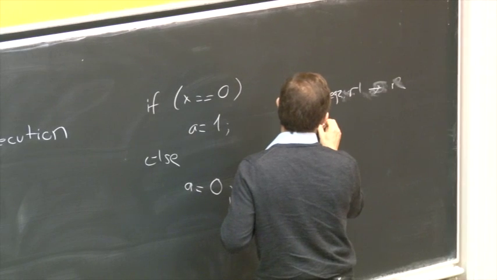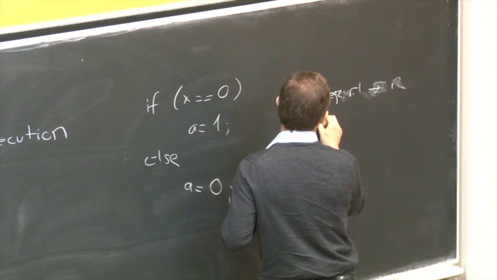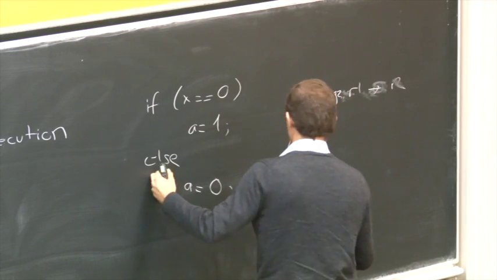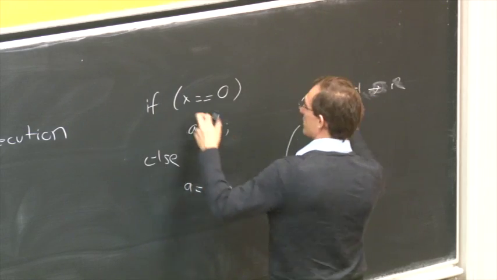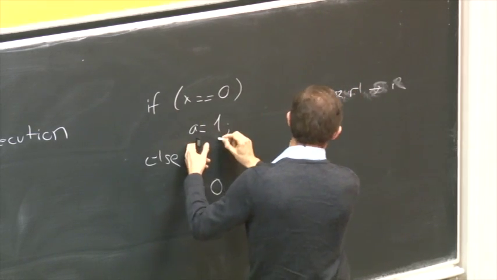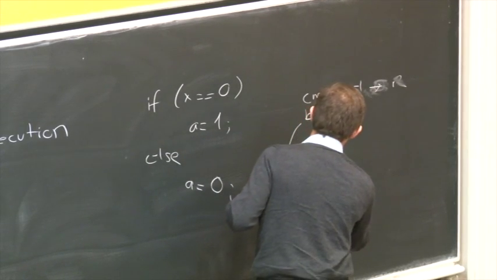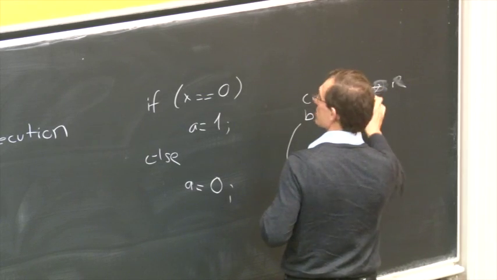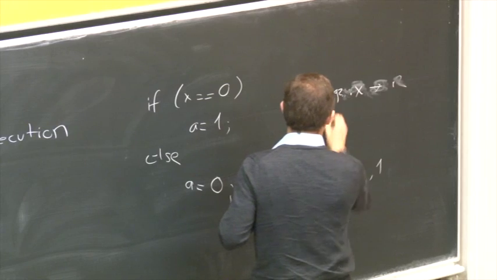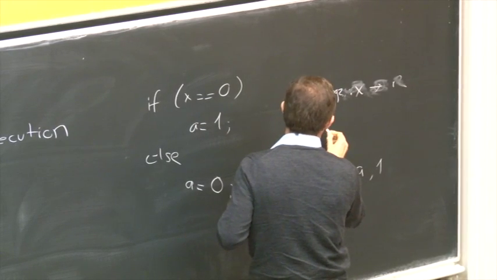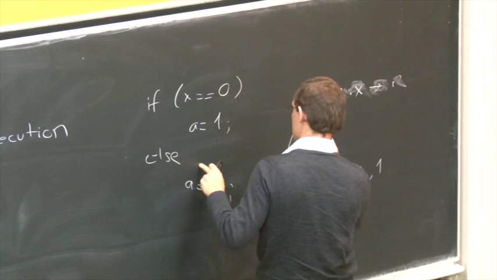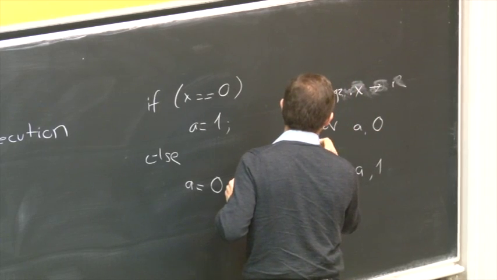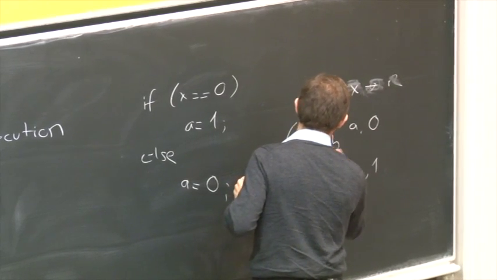And then you can say branch if 0 to the else case. If it's equal to 0, then you would like to do a equals 1, so you move 1 into a. And the else condition is, in this case, a is equal to 0. Move 0 into a, and then you need to do an unconditional branch to get out of this, right?